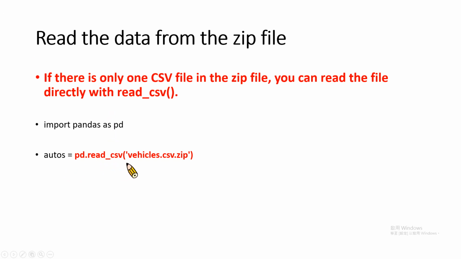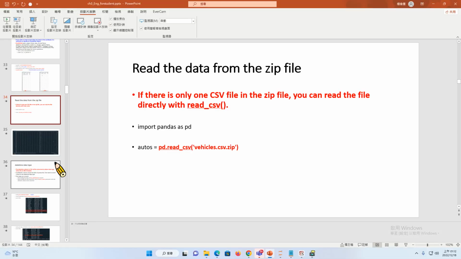In our example, there's a zip file, vehicles, and the zip file contains only one CSV file. So you can directly read the CSV file into the autos data frame like this.